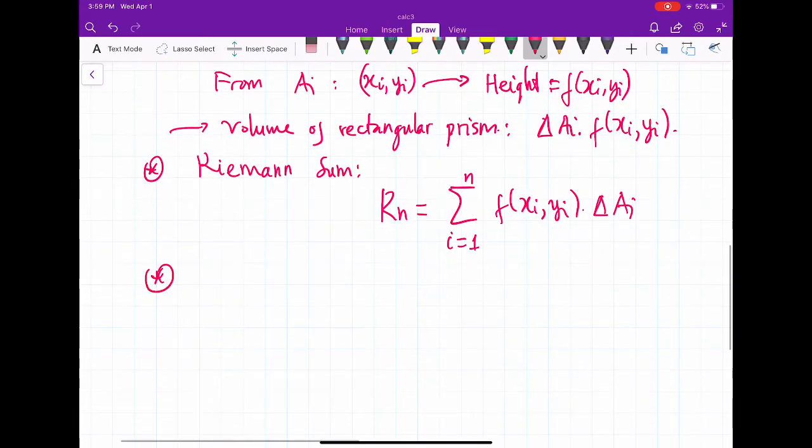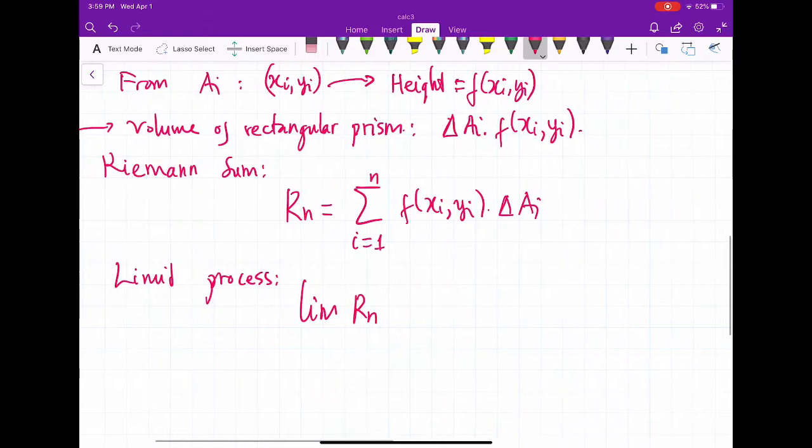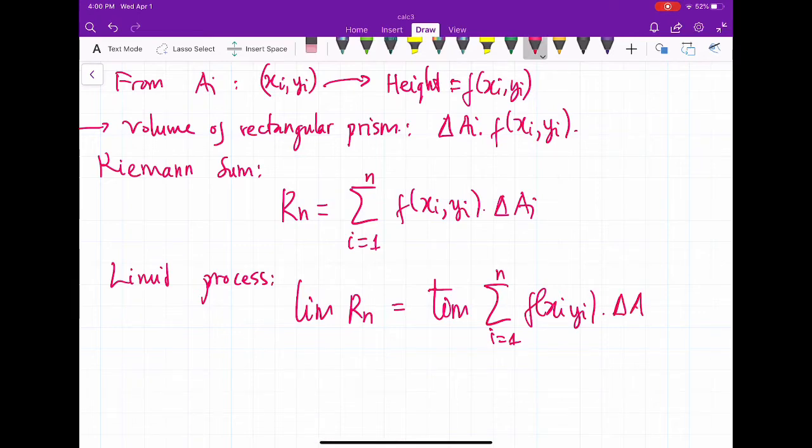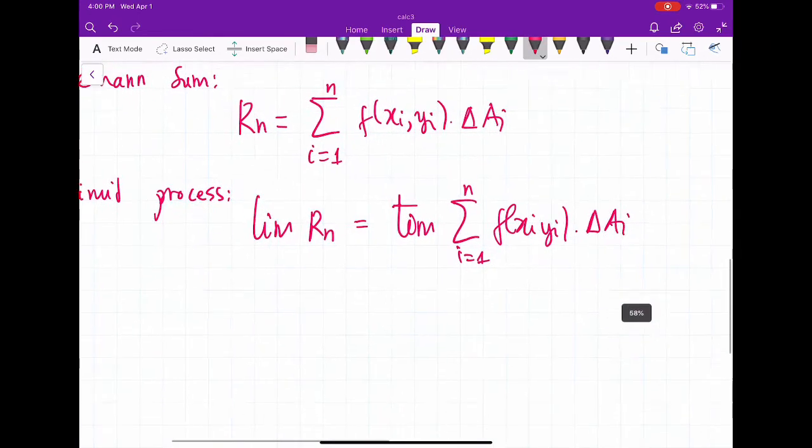Next, you do some limit process. You consider the limit of Rn, which is the limit of the sum i from 1 to n of f of xi, yi times delta Ai. Here's the thing.